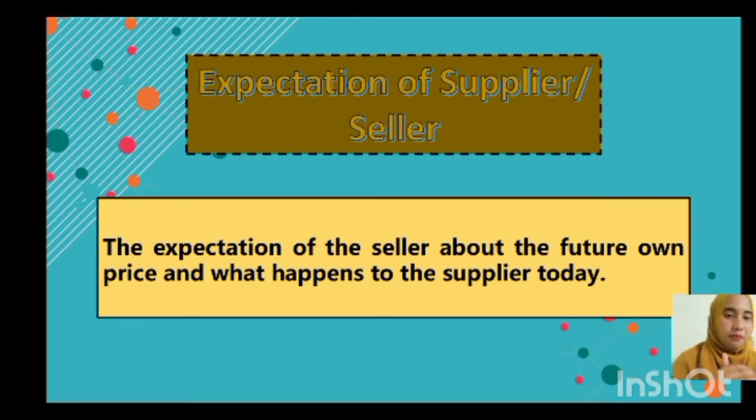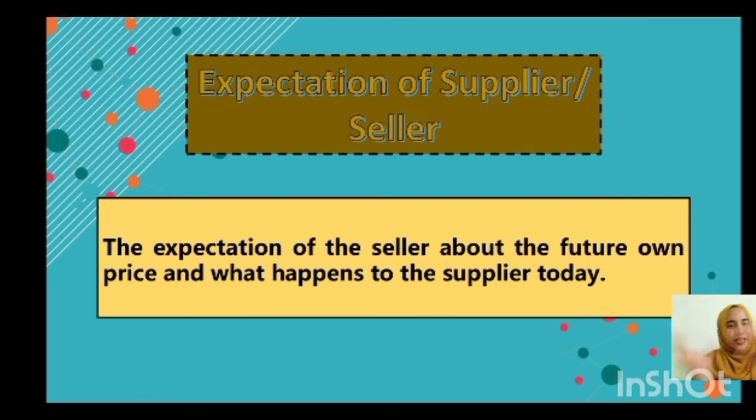Magbibigay siya ng maraming supply or magbebenta siya ng marami today because that supplier expects to decrease the own price of the goods in the future. So, alam niya, nag-expect siya na magdi-decrease yung presyo ng goods na binibenta. So, today, tataasan niya or dadamihan niya ang kanyang ibibenta today while it is in that price pa, no?